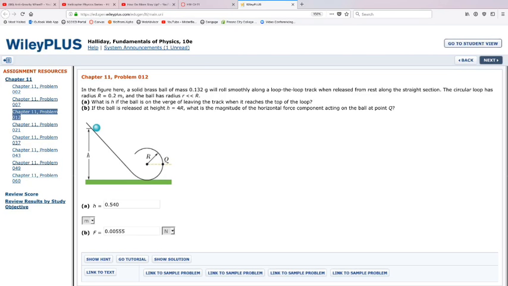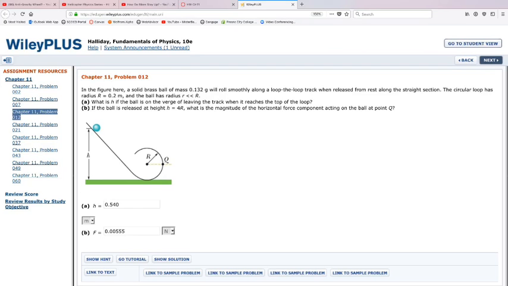It's mostly energy, but it has you thinking about forces in circular motion because we're doing a loop-de-loop down here. I think the first part of the problem is asking, how high does it need to be in order for it to just barely, it says, be on the verge of leaving the track?